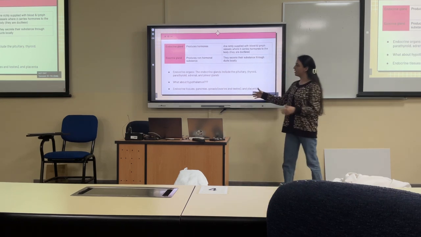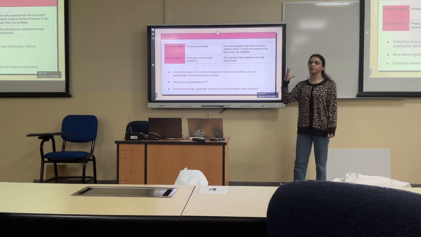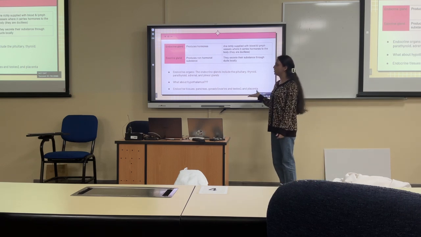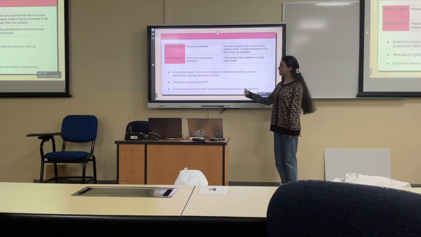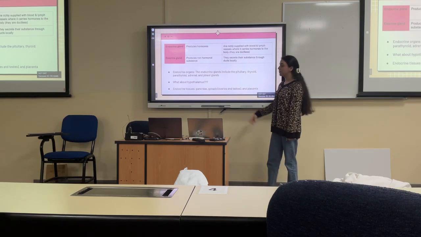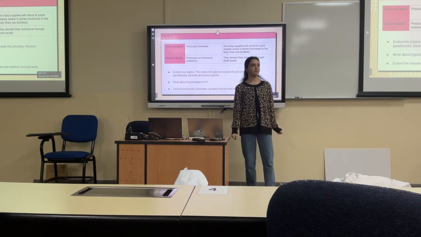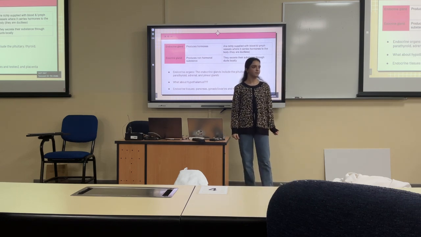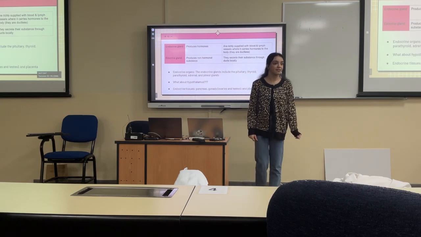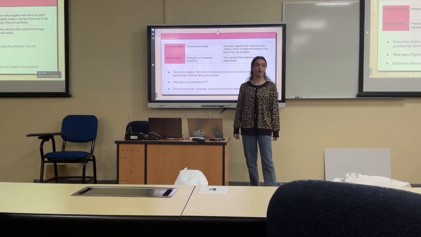So endocrine organs are basically called glands. These glands include the pituitary, thyroid, parathyroid, adrenal, and pineal glands. These glands are what we're going to discover or revise today. What about the hypothalamus? What do you call it? Master of?